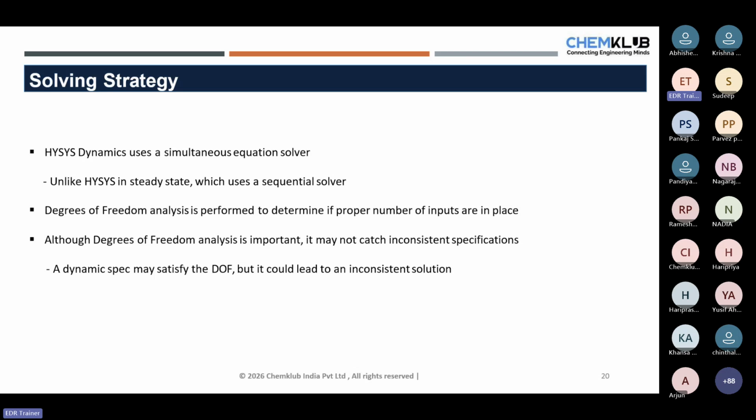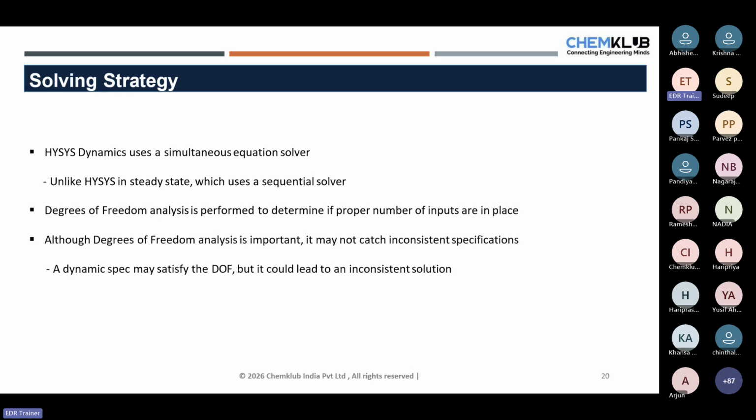All these may still happen even if the degrees of freedom analysis is in place. Therefore, we must combine mathematical correctness and physical engineering understanding. That is why dynamic simulation requires a certain feel of the system or the plant.